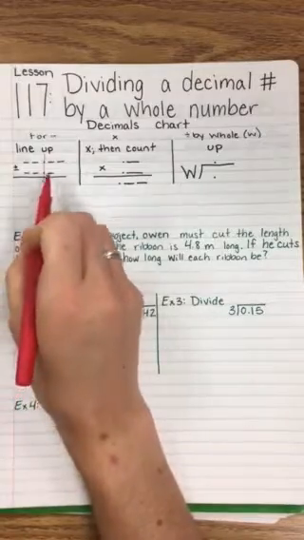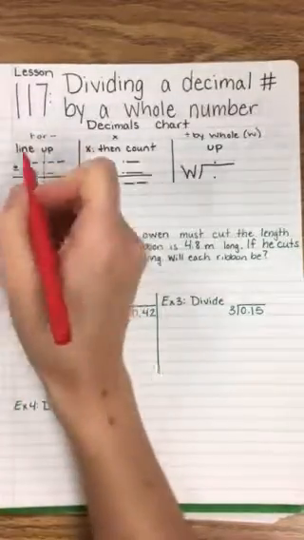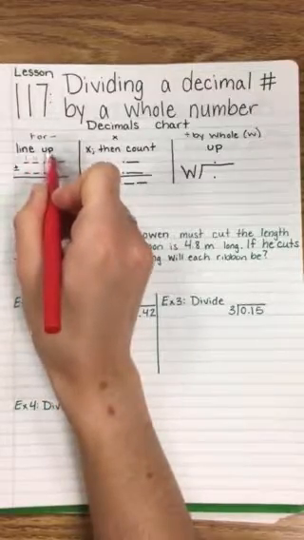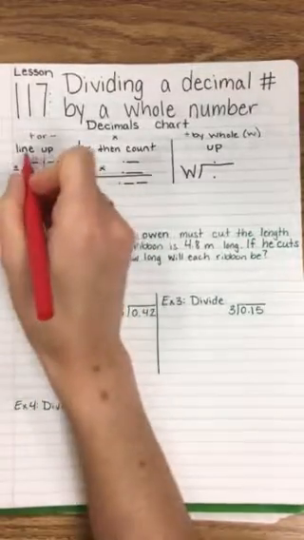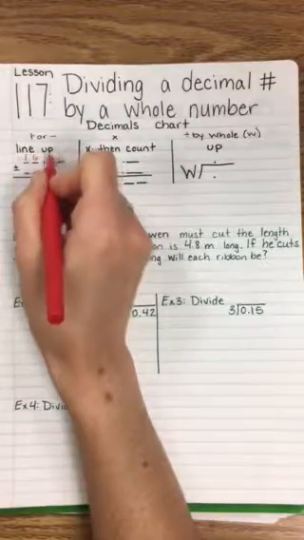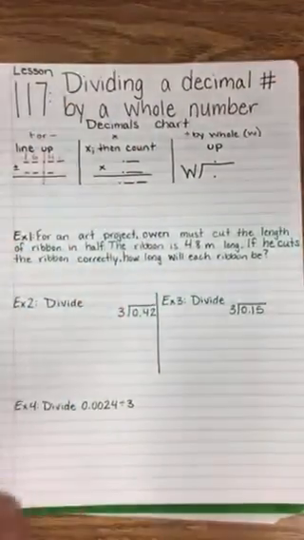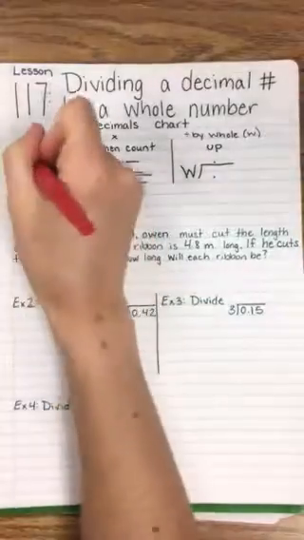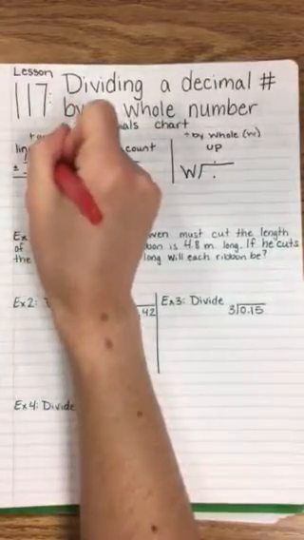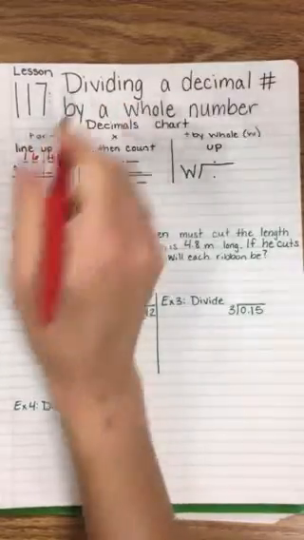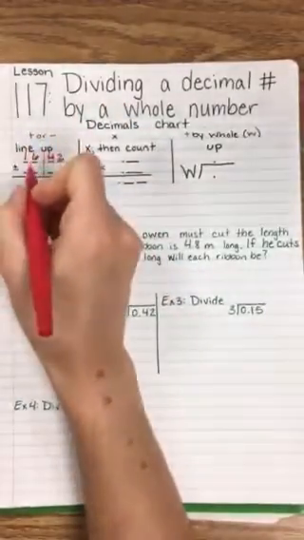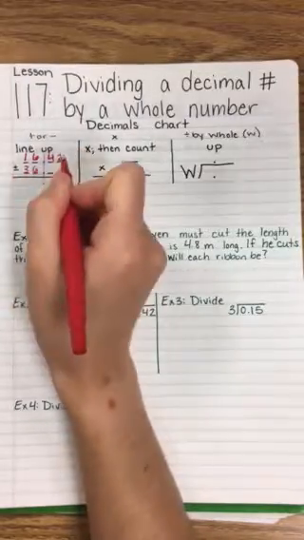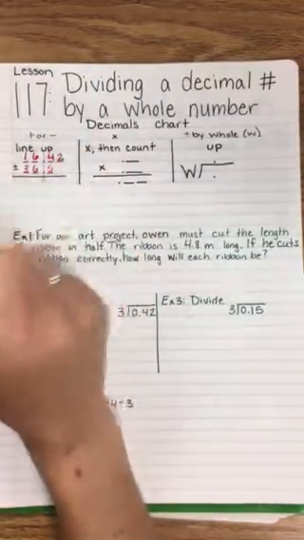So you could have, say, 16.42, or 16 and 42 hundredths, and 36 and a half, or 5 tenths.